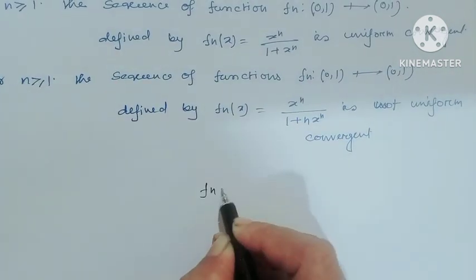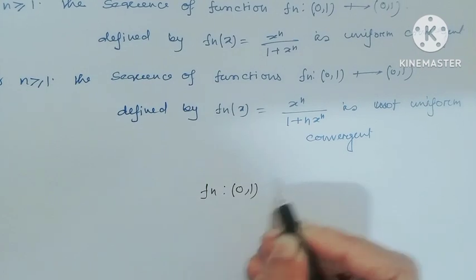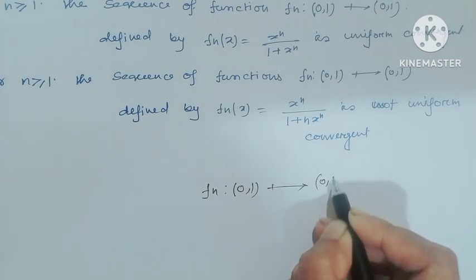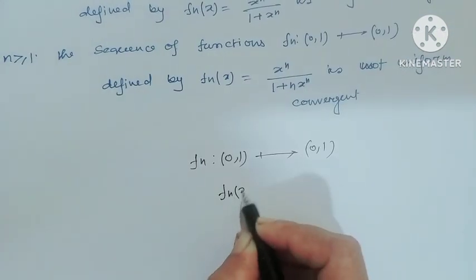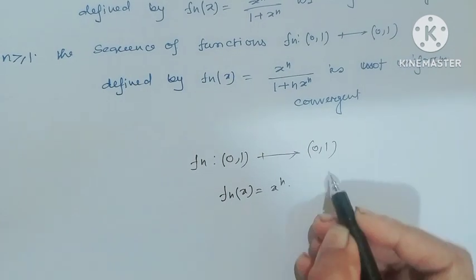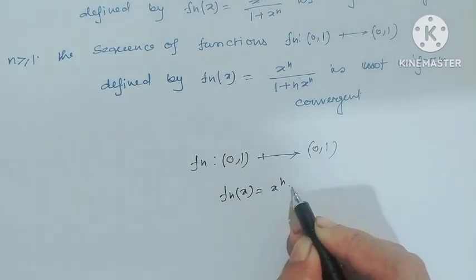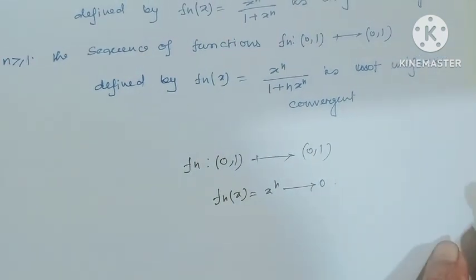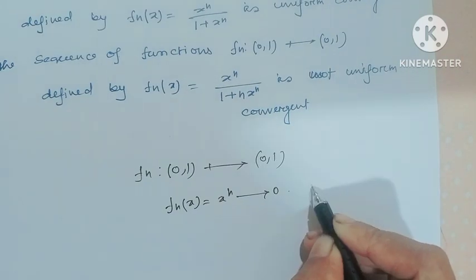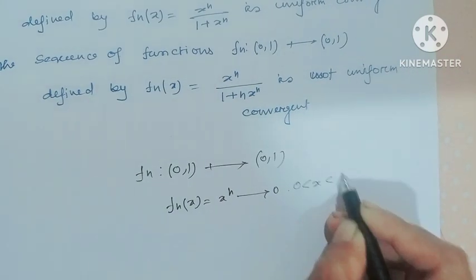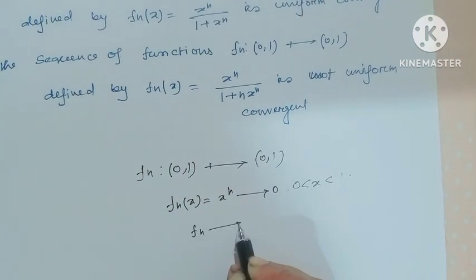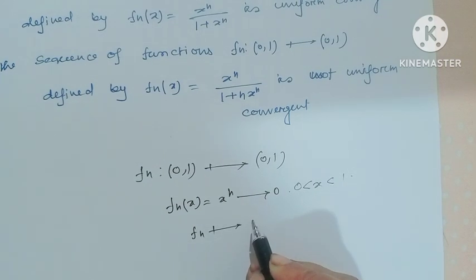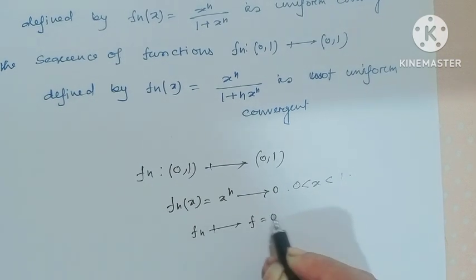Notice here fn is defined from (0, 1) to (0, 1), and fn(x) equals x to the power n. Since obviously this tends to 0, since x lies between 0 and 1, that means fn converges pointwise to the function f equal to 0.